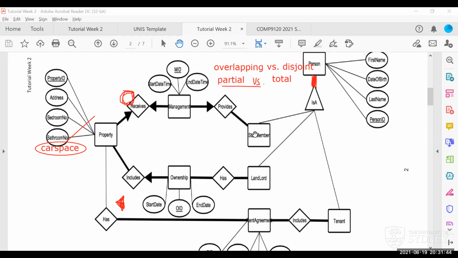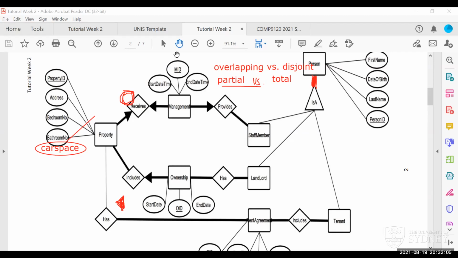And I cannot be all of these three at the same time. I can only be one of these three only. I can be a staff member only, or a landlord only, or a tenant only. So if I'm a tenant, I cannot be a landlord, and I cannot be a staff as well.